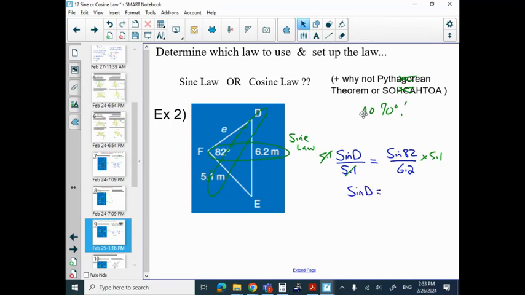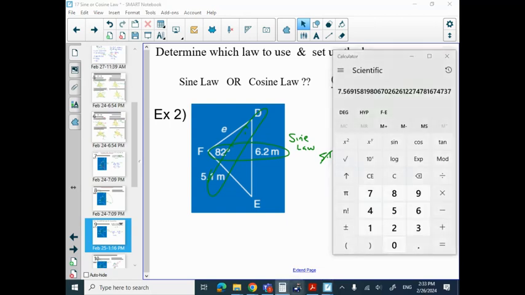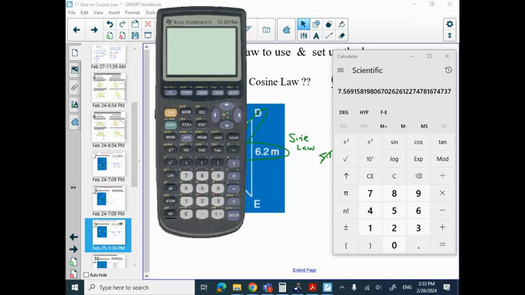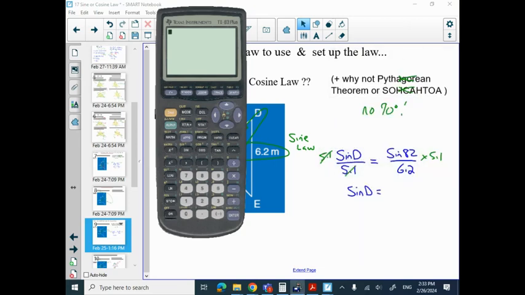So sine of 82. I'll do the other calculator this time just to show the different types. This is a direct logic calculator. So we do sine, this is my preference, sine of 82. It equals, times 5.1. I could have used a bracket there to make sure. Times the 5.1 and then divide by 6.2.